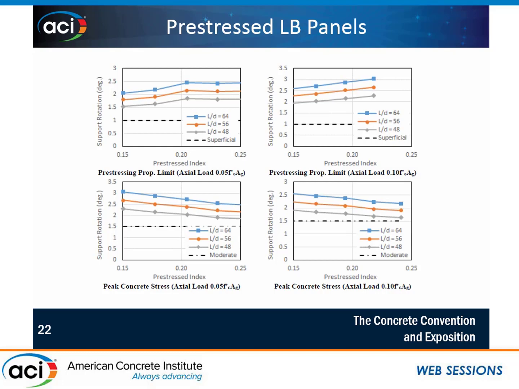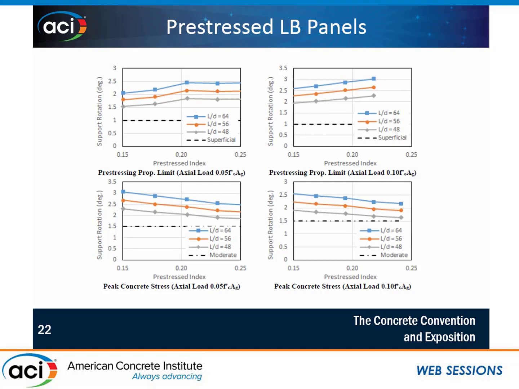Because the way the response limits are currently written and we want to keep them fairly simple, what we're doing is fitting a straight line to those. So 1 degree is what we're setting as our superficial damage state so that it can be used similar to how things are done right now. If we started introducing complicated equations for people to work out how much support rotation they can actually have, people most likely wouldn't want to design with these types of panels.